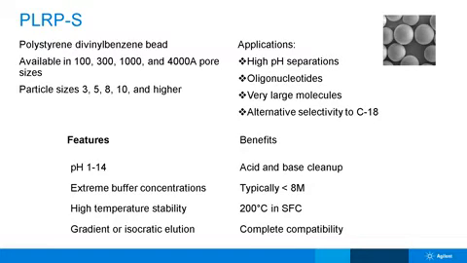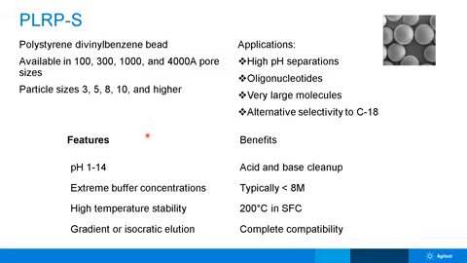The PLRPS column consists of polystyrene divinylbenzene beads. They come in a variety of pore sizes from 100 to 4,000 angstroms, and particle sizes ranging from 3 to 10 and even higher.